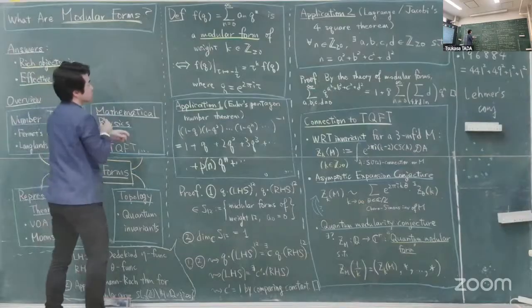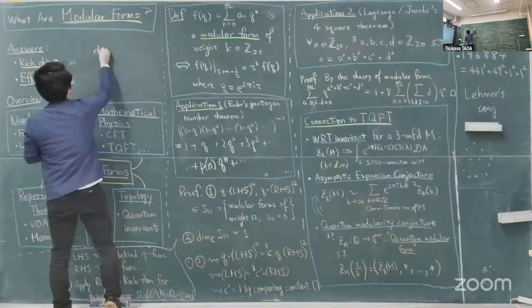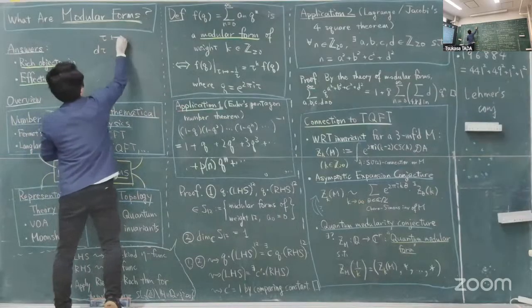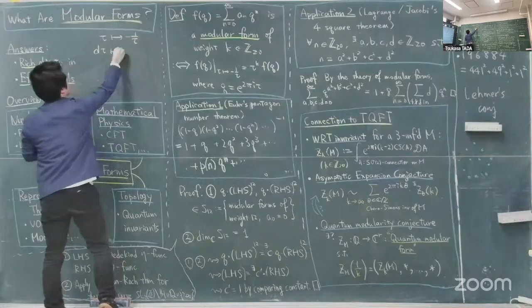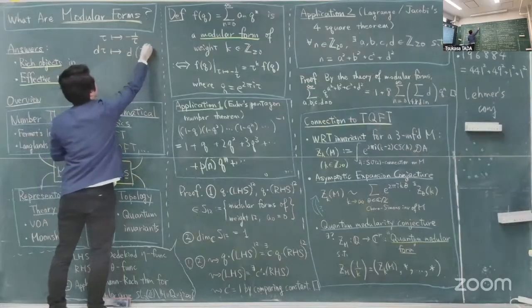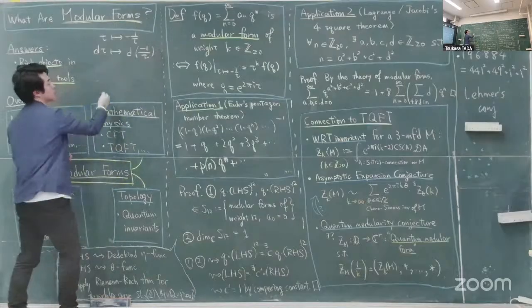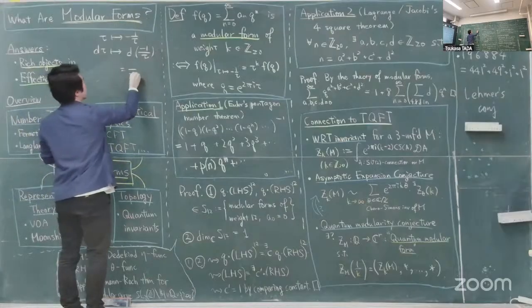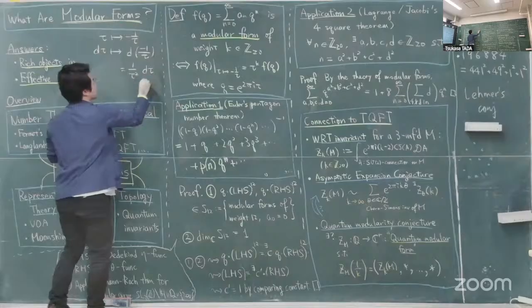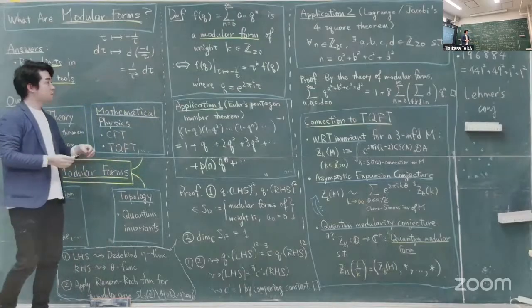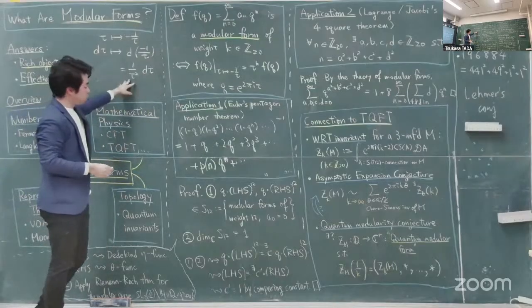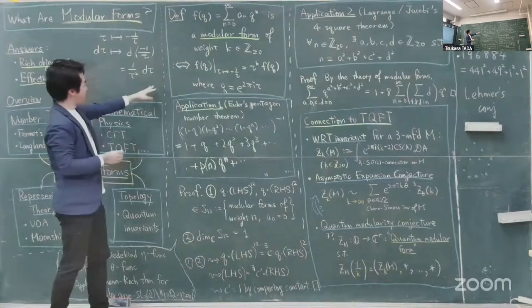So we consider that, by considering this transformation, tau equals root square times tau. Yes, that's the reason.